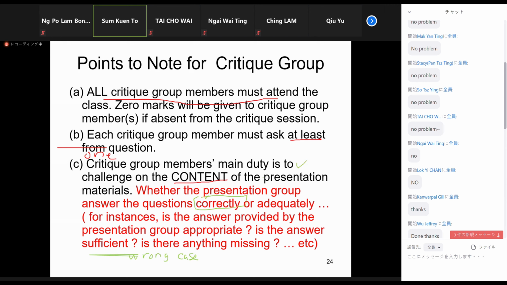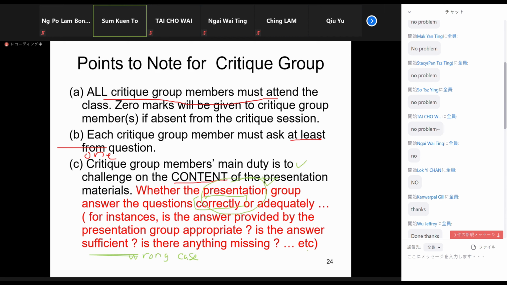Present the case correctly, but they present the wrong question, and the critique group is unable to spot it, also fail. And if they are presenting the right case and the right question, what you need to do is to challenge the answer.